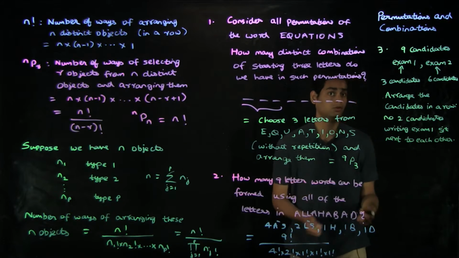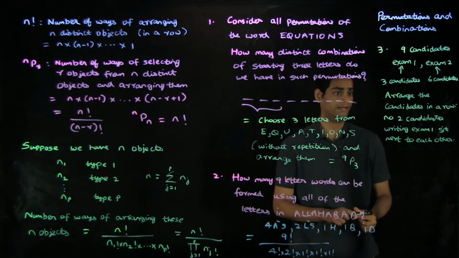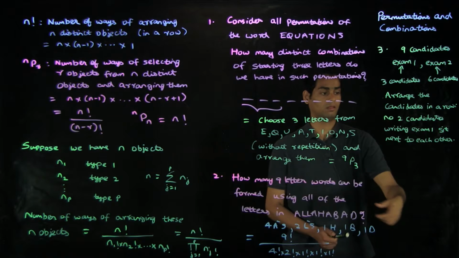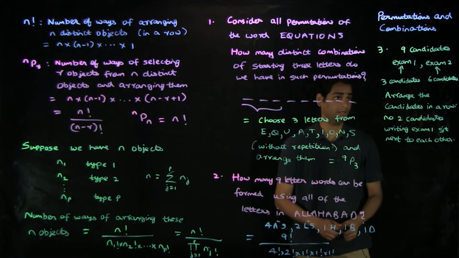So the question asks you to compute the number of ways in which you can arrange the 9 candidates so that no 2 candidates writing exam 1 sit next to each other. Note that there are 3 candidates who are writing exam 1 and 6 candidates who are writing exam 2.